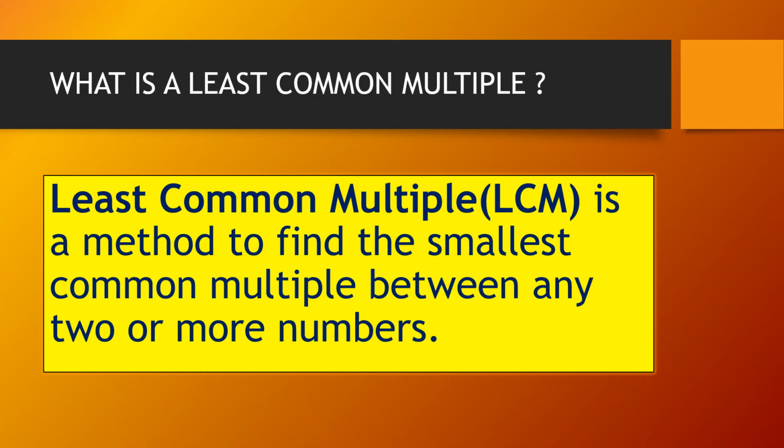And children, I can also change the smallest, and instead I can say the first common multiple. Right? So the smallest, the least, and the first are all one and the same thing. They all give you the same answer.